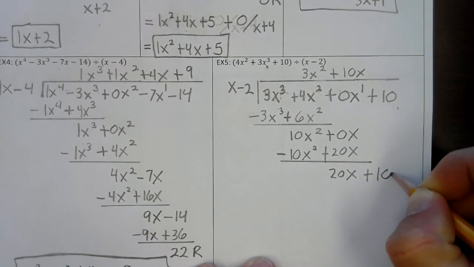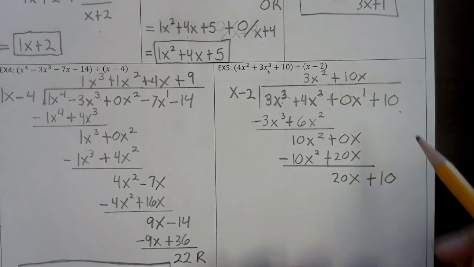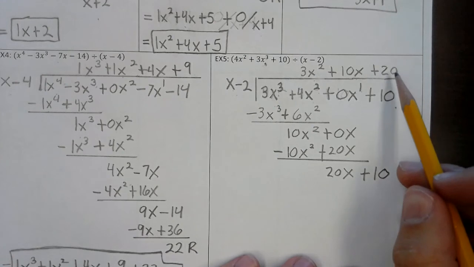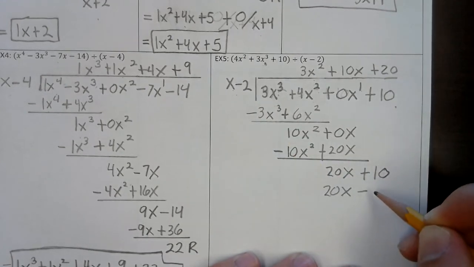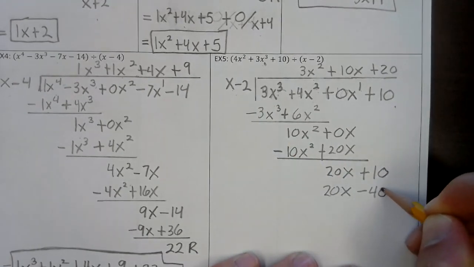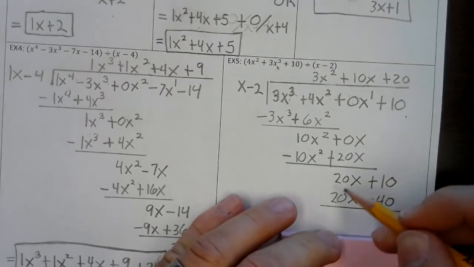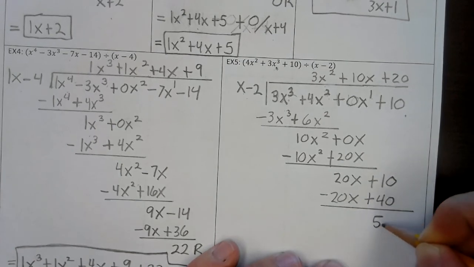Bring down the plus 10. And then we repeat the steps. How many times is x going into 20x? Plus 20. Now 20 times x minus 2 is 20x minus 40. We subtract. Subtract becomes positive. Those cancel. You're left with the remainder of 50.